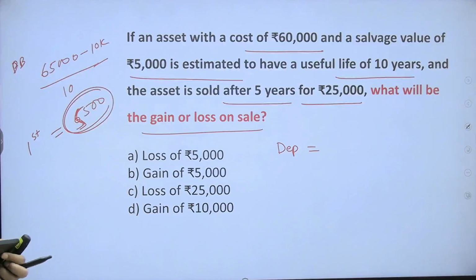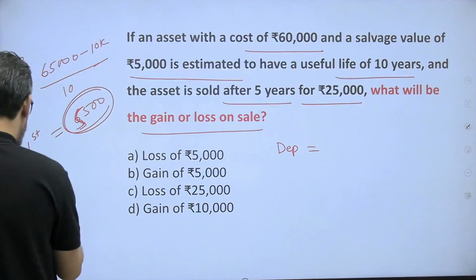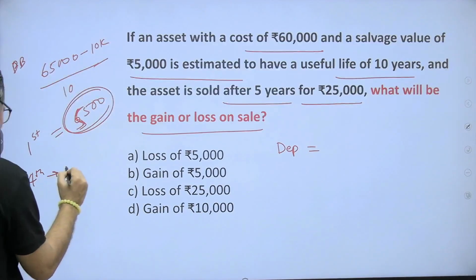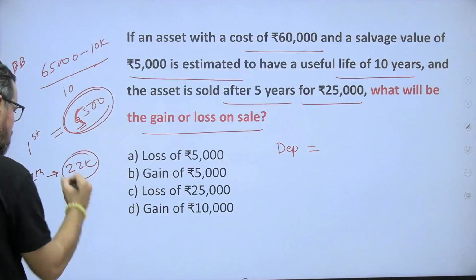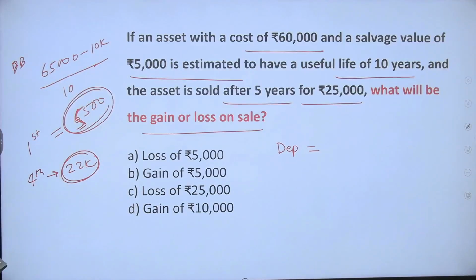So the depreciation charged till the fourth year is how much? 22,000. Okay, this is 22,000, and the asset value was 55,000 minus 22,000, which is equal to 33,000.